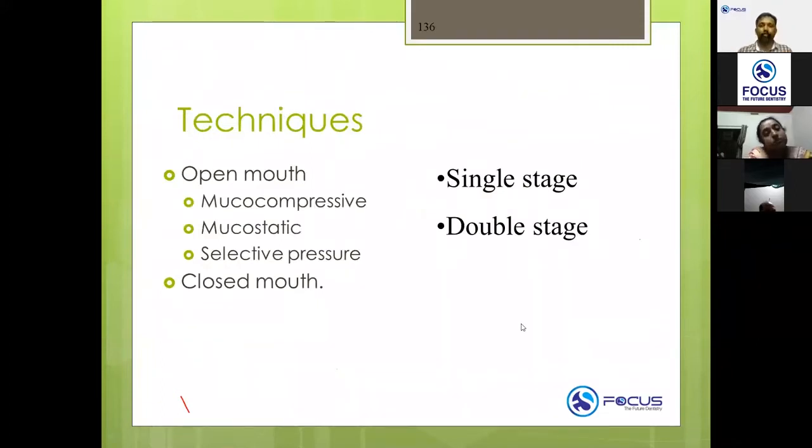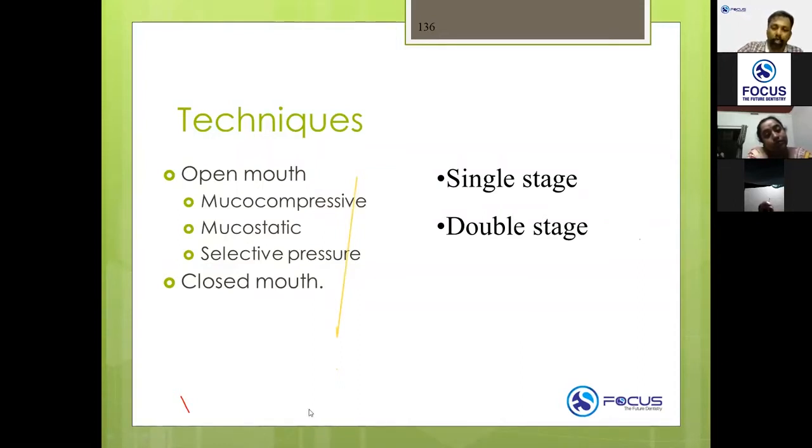Now techniques. There are open mouth technique and closed mouth technique. In open mouth, the 3 theories of impression making are the mucostatic, mucocompressive, and selective pressure technique.